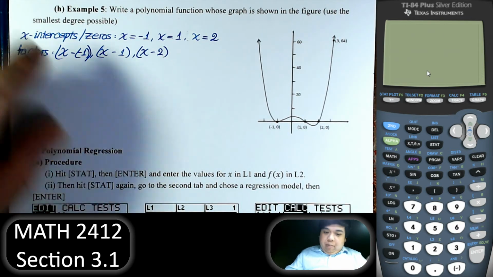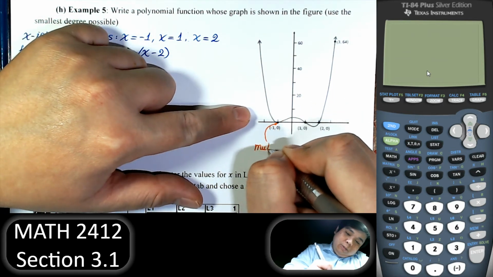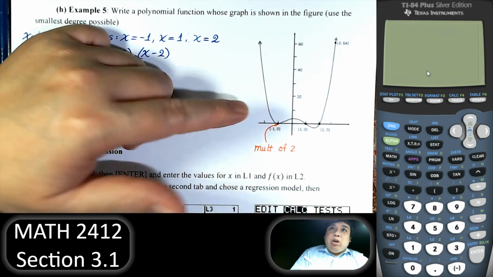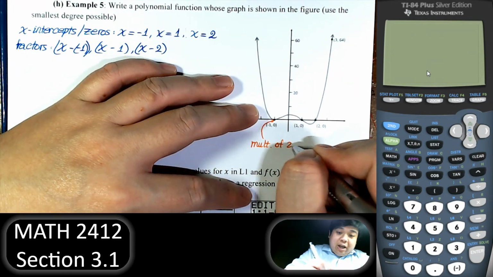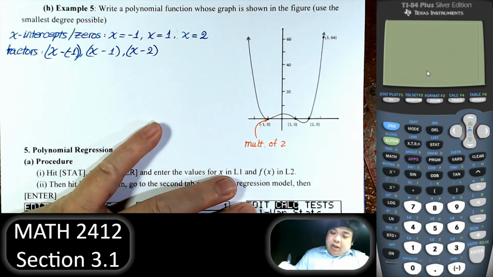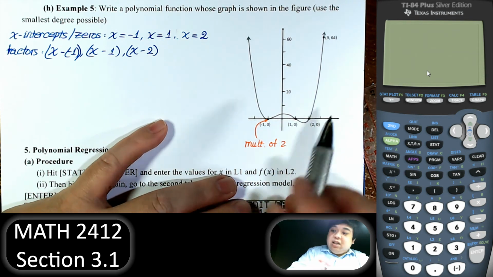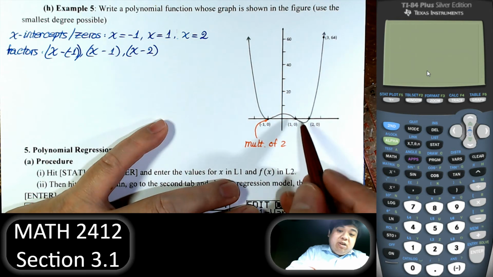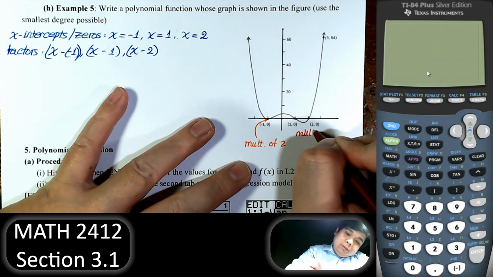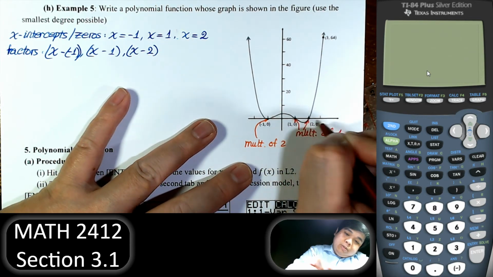So based on the graph, this is multiplicity of 2, because it touched the x-axis and turned around. It could be 4 or 6 or 8, but we choose the one with the smallest degree, so that could be 2. And at those other 2 points we go through it and it's not flat, so definitely this is multiplicity of 1.